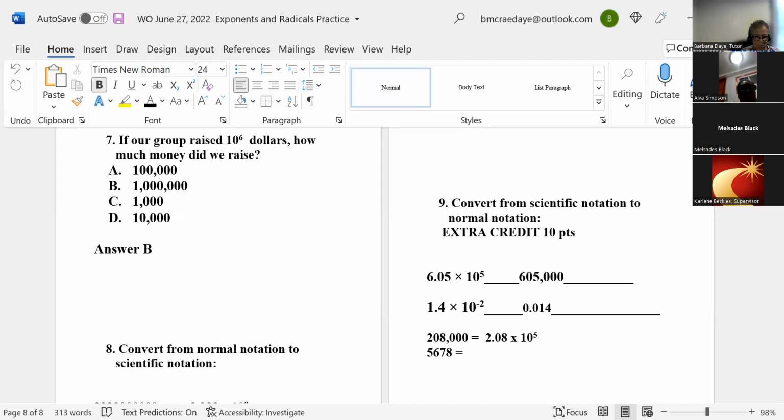Where would the decimal point go, between what digits? Remember, your first number's got to be less than 10. Between the 6 and the 7 would be 56, that's greater than 10. So it would have to go between the 5 and the 6.